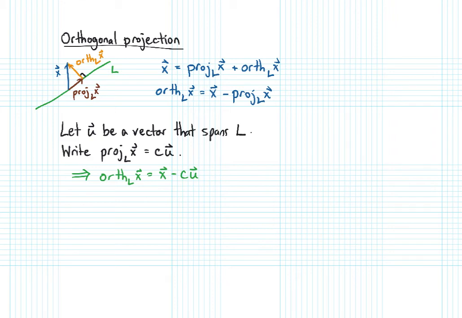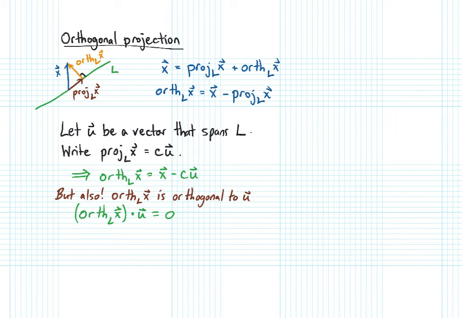And then we can substitute that into the above equation for the orthogonal component and get that the orthogonal component is x minus cu. But there's something else that we know, and that's that this orthogonal component is orthogonal to L, and so it'll be orthogonal to any vector that's on L. In particular, it'll be orthogonal to u. And we can express that property as a dot product, that the orthogonal component dotted with u is equal to 0.